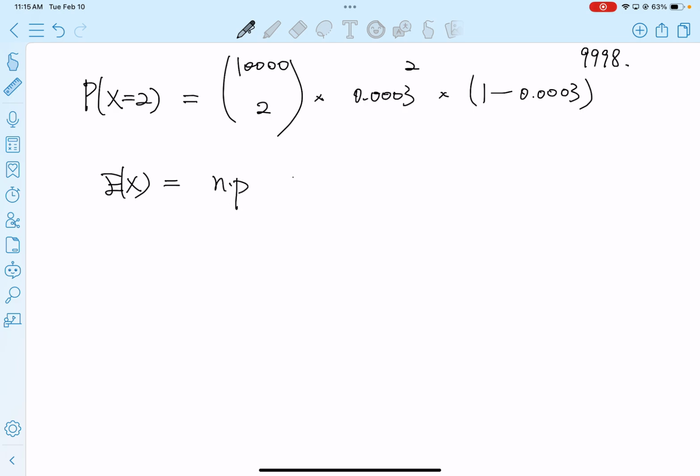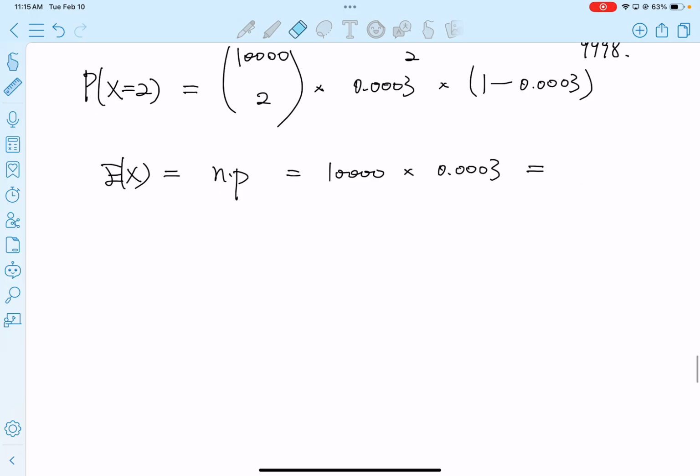So in our case, we have 10,000 coins. Each of them has a probability of landing on head equal to 0.0003, and that is saying, on average, you are expected to get 3 heads in this occasion. But that is the expectation of a binomial distribution.